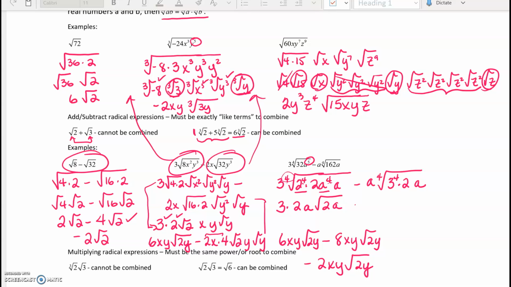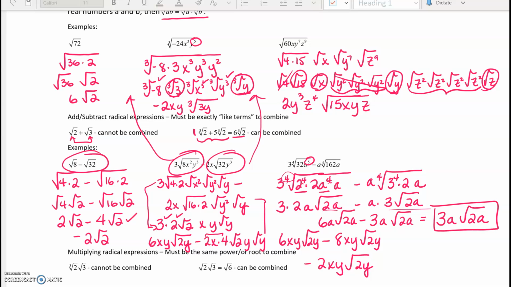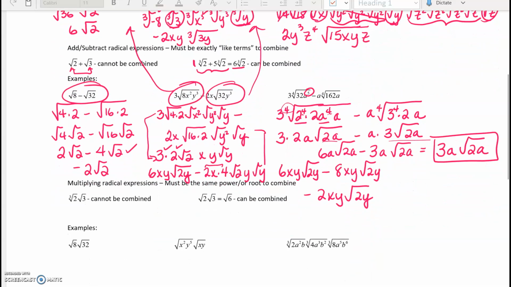And then here I have minus a times 3 times the square root of 2a. So because I have the square root of 2a in both of them, I have 6a root 2a minus 3a root 2a, which equals 3a root 2a. Yay! All right.